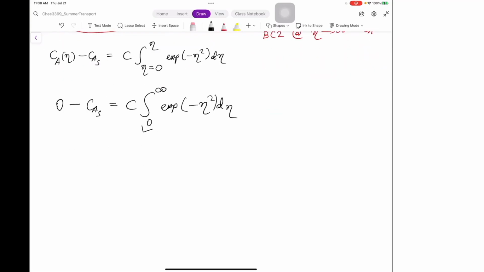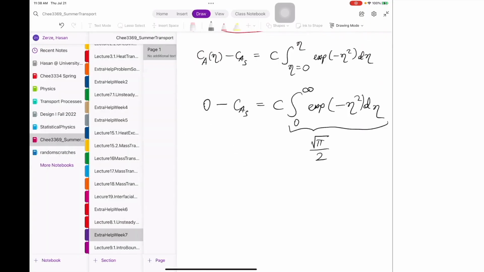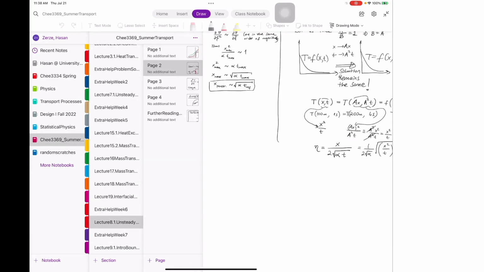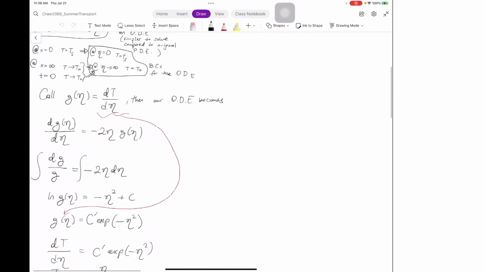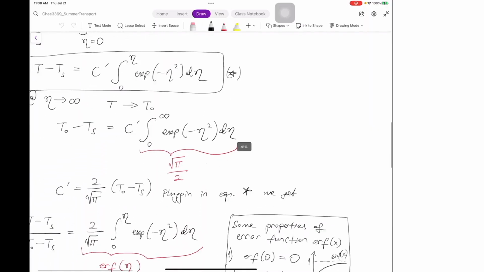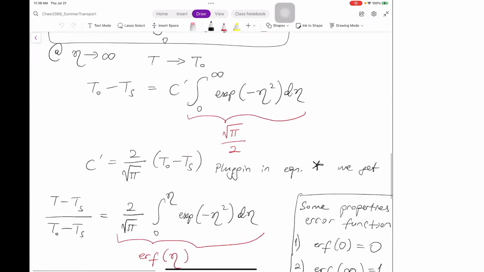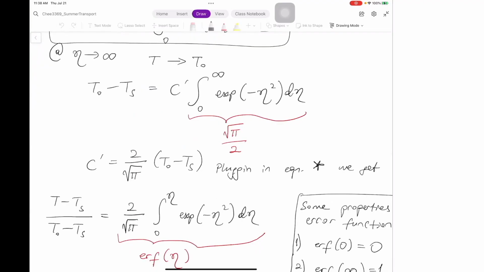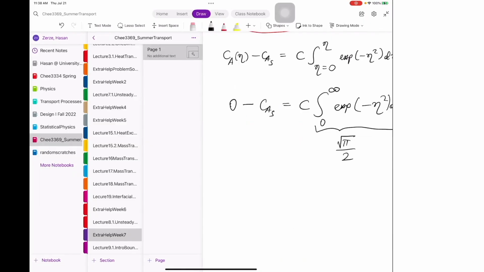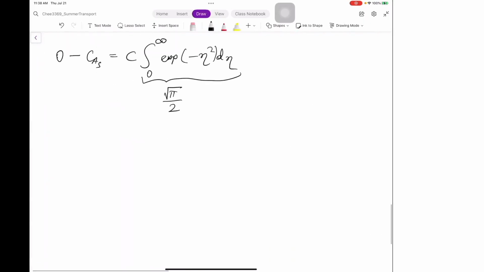We know that this integral is square root of pi over 2, as we did before. Let me show you exactly where we did this. It's the same type of mathematics that we're dealing with. And here you can solve for C. C comes out to be equal to negative 2 over square root of pi times CAS.